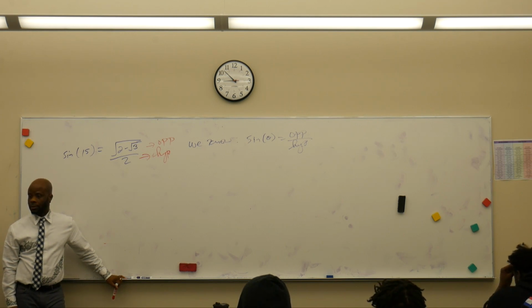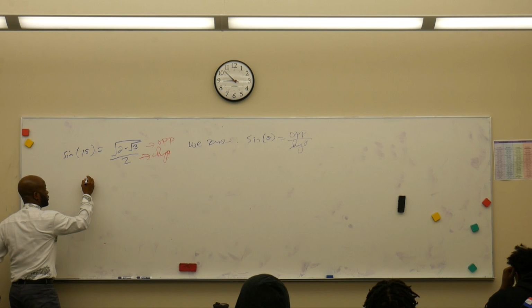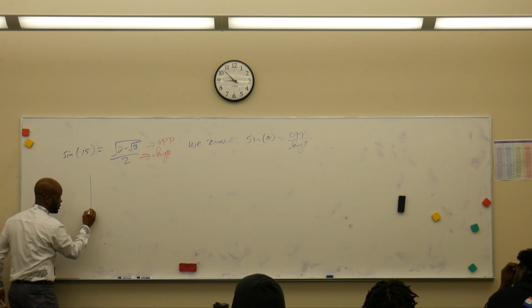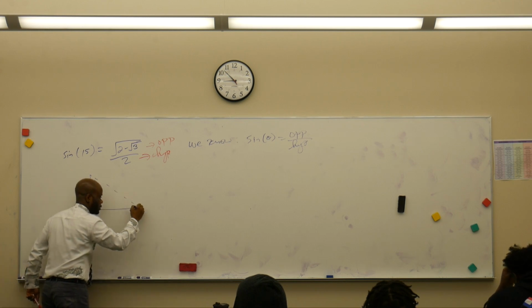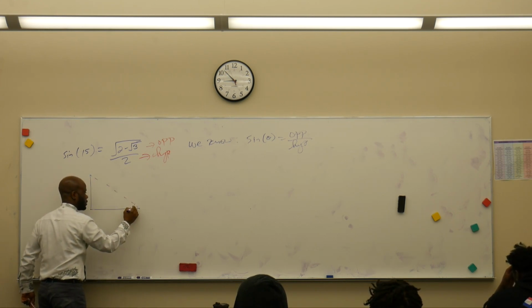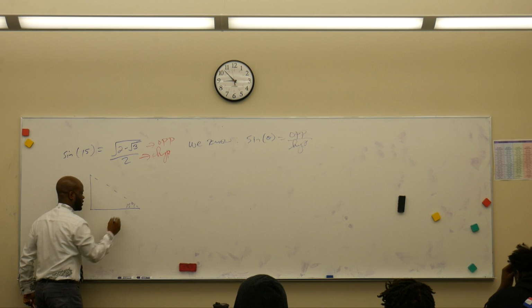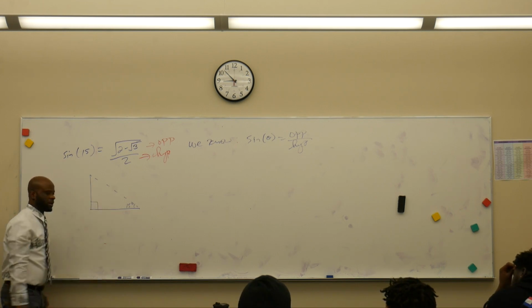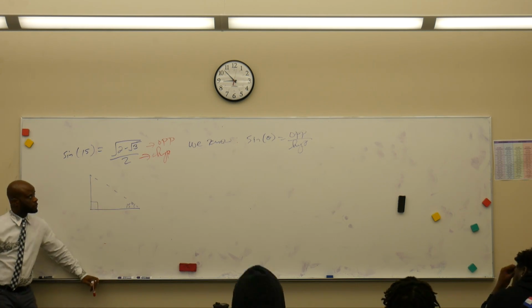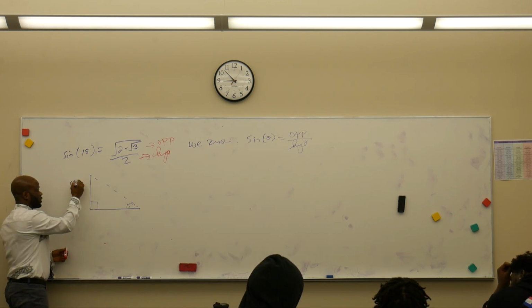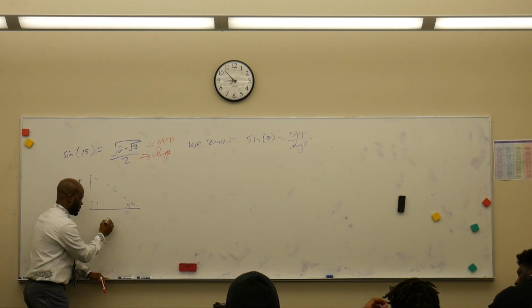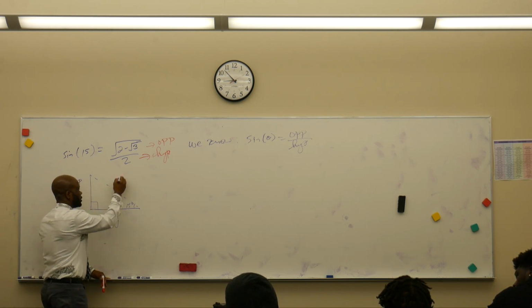Okay? So we get to become artists in here. I'm going to call this my 15 degrees, and I'm going to call this my right angle. So then the opposite side is going to be this way, right? This is going to be adjacent to this angle.